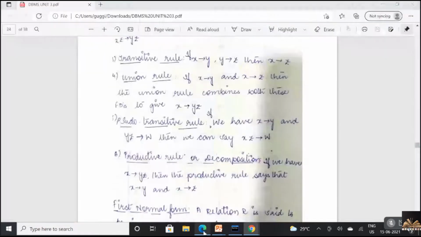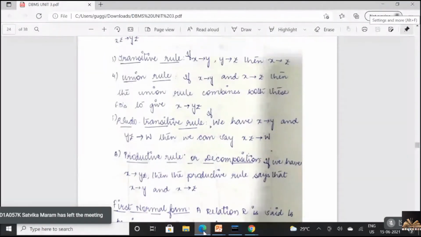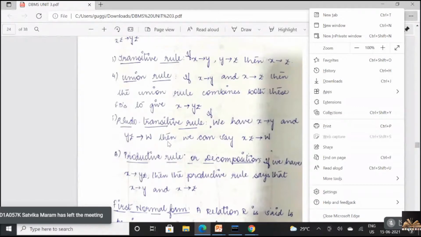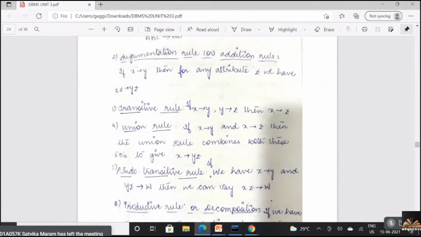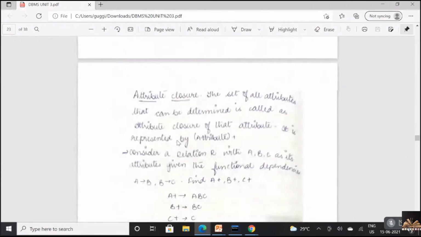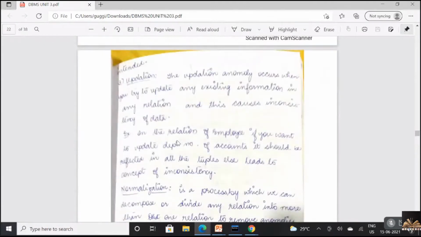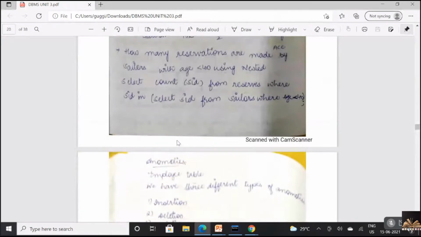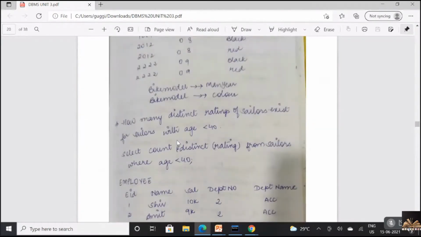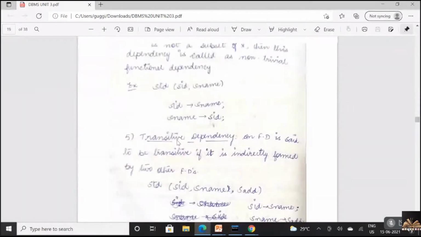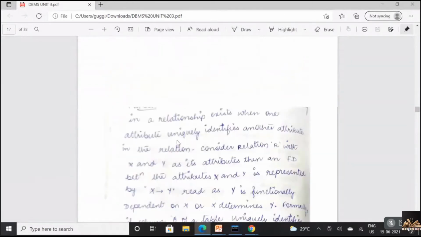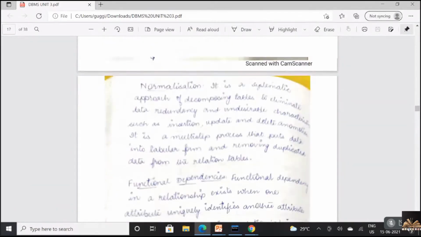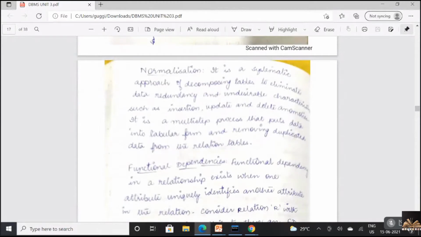Okay, the next important topic is the concept of normalization. I'll just define what you mean by normalization.